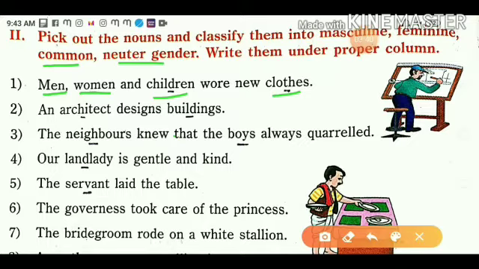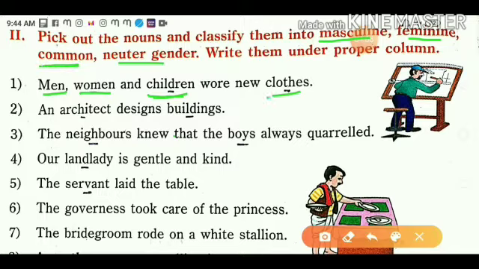Men is masculine because it is male. Woman is female, so it is feminine. Children, we use commonly for both boys and girls, so it is common gender.